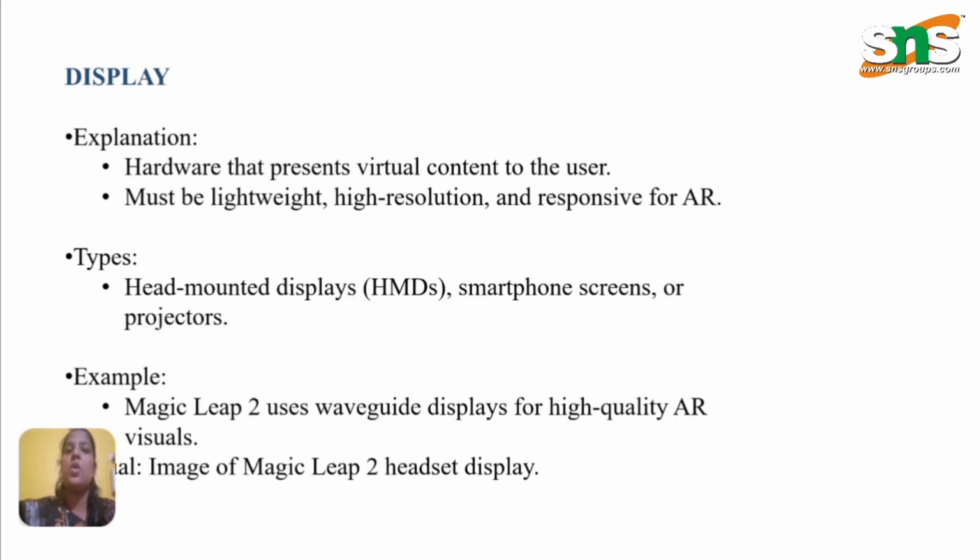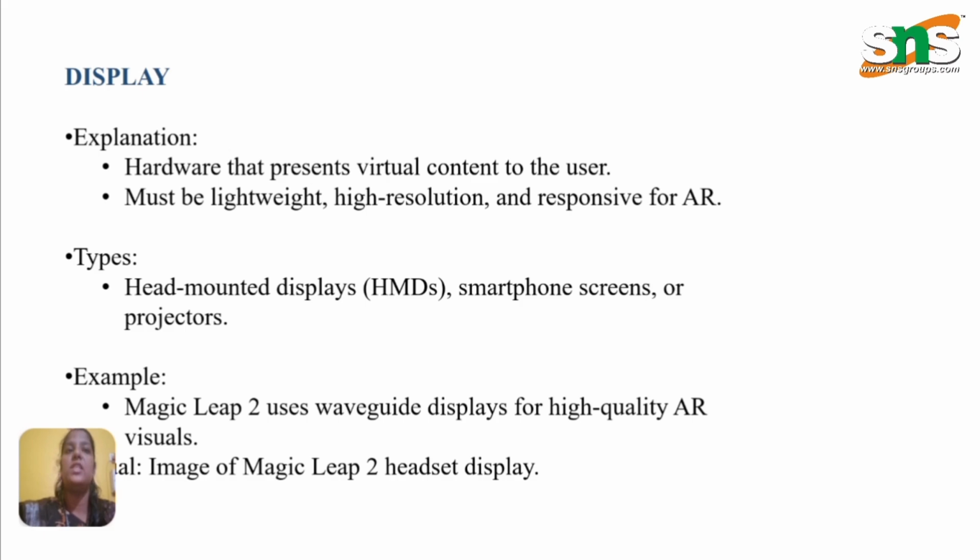The other is display. So now let's talk about the display. This is the hardware that presents the virtual content to the user's eyes. A good display must be lightweight, high resolution, and responsive to the user's movements. There are different types of AR displays: head mounted displays, that is HMDs, like HoloLens and Magic Leap, then smartphone screens, and projection displays.